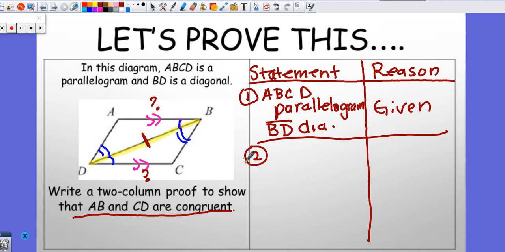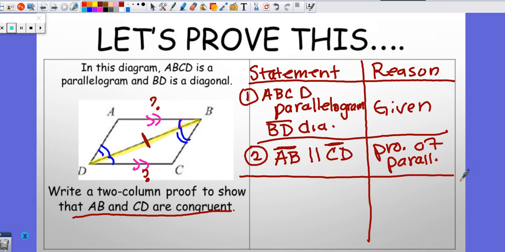So number two, we can go and say that line segment AB is parallel to line segment CD, and our reasoning is going to be that's the property of a parallelogram. And I'm writing shorthand. You can fill the word out.